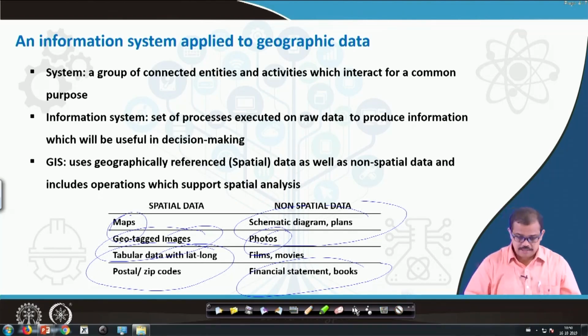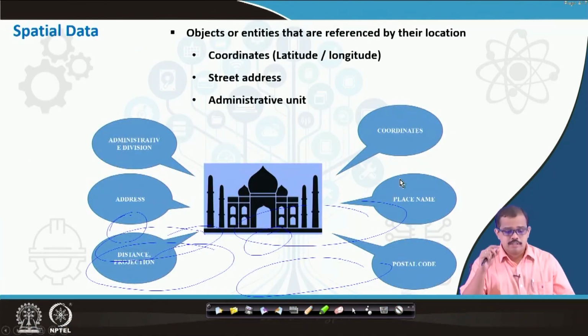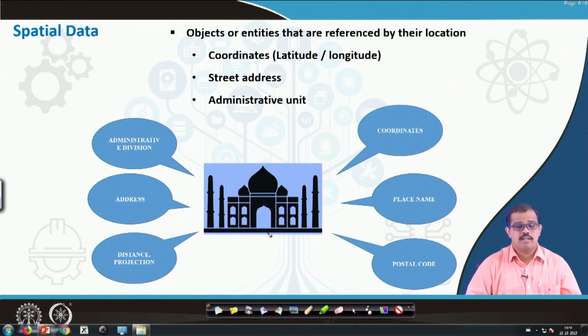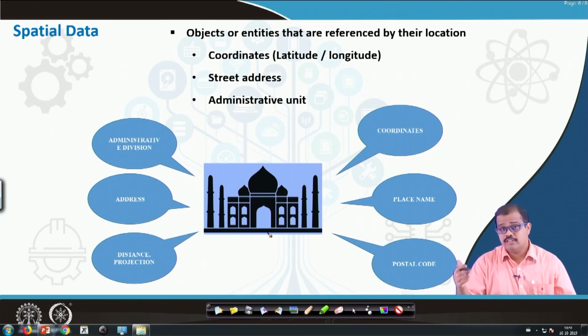So when we look at spatial data very specifically, for example, when you look at this particular building, you have an administrative division, you have an address, you have a distance, you have coordinates, you have a place name where this building is located, and you have a postal code. So these are nothing but your spatial data.